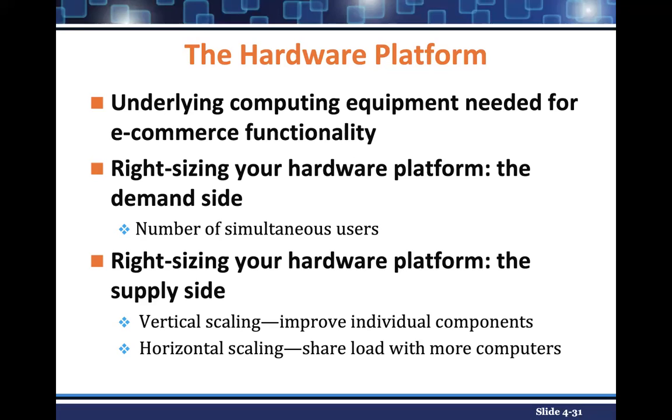For example, the server that you are using for the e-commerce was used by another system before, and now we don't have the budget to buy a new one. We want to use the new e-commerce platform on this server too. This is horizontal scaling. So you have to right size as well, because sometimes you see lots of hard drive space and lots of free memory in the old server.